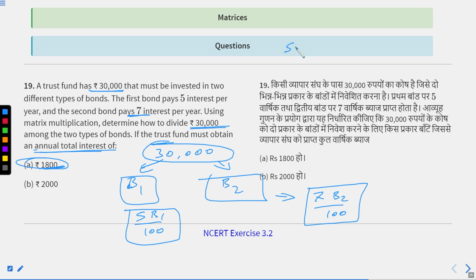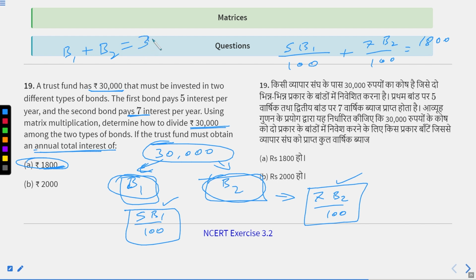This means that the interest given by bond 1 plus the interest given by bond 2, the sum, will be 1800. And one thing is very clear: whatever money I have put in the two bonds, their sum must be 30,000. So I have two equations, but I have to use matrix multiplication.